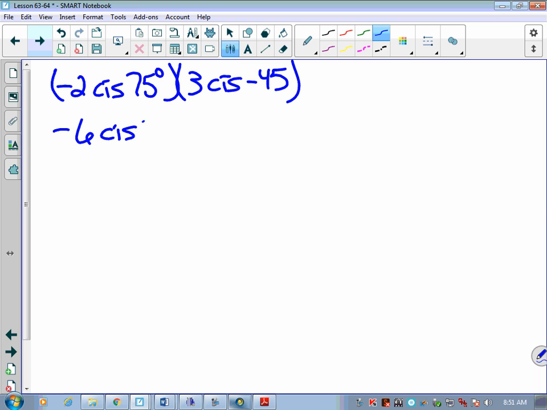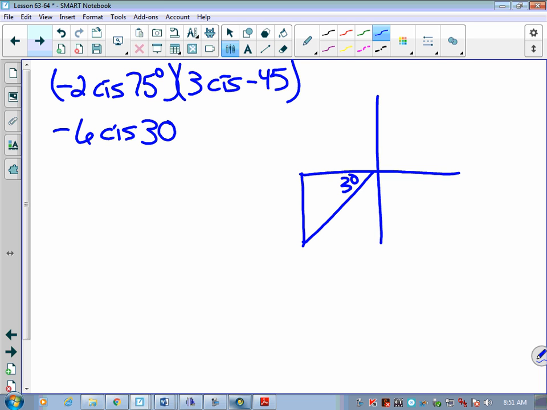30. Okay. So 30 degrees would put me in the first quadrant, but because it's -6, where am I winding up at? Third quadrant. Okay, so 30 here, 60 here, -6 there. So what should I see as opposite my 30 degrees? -3.